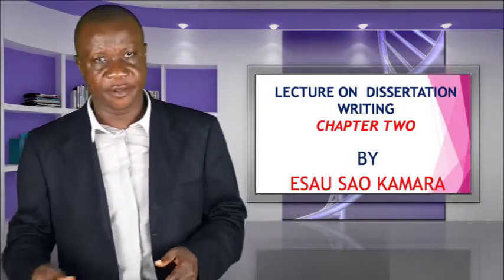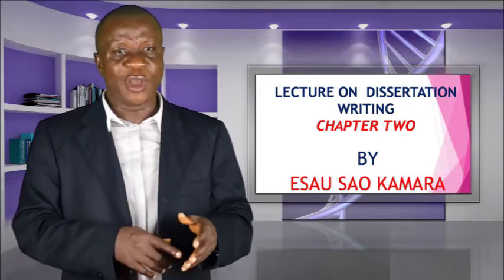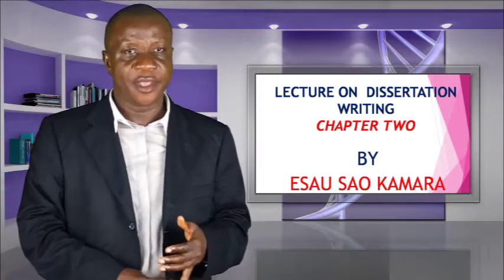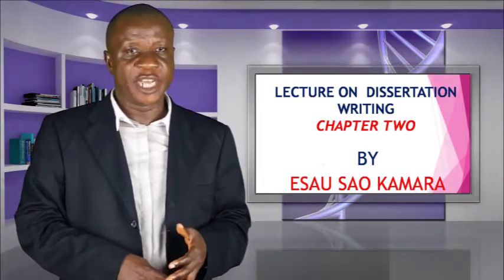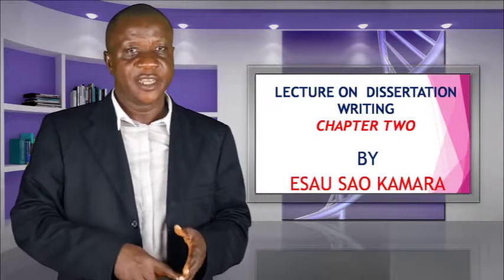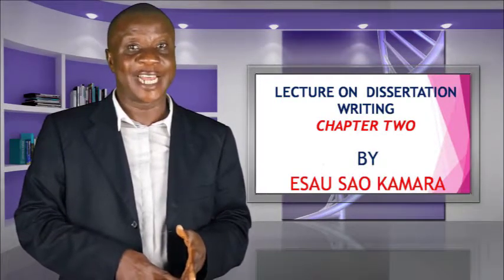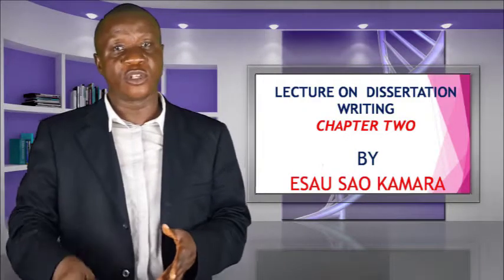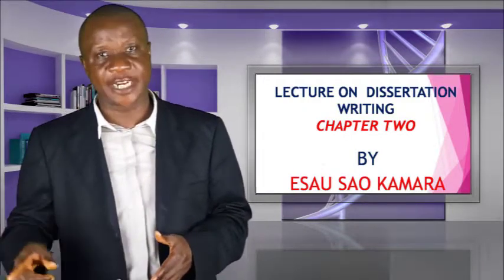What did he say? So you identify the scholar, the date of publication in bracket, the textbook, or if it is an article, then what that scholar inferred with respect to that topic.